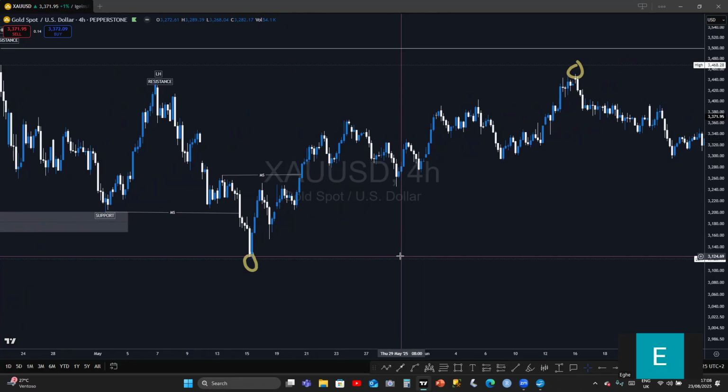It means the price has changed in the market. How do you mean that price has changed in the market? It means it has changed from a bearish market to a bullish market. Yes, then how did we know? I think these two, they are equal highs now, right?